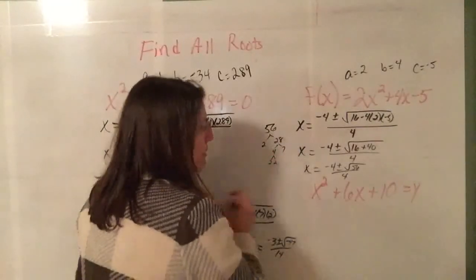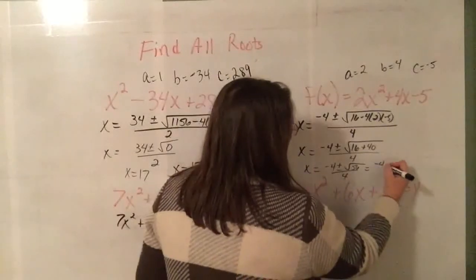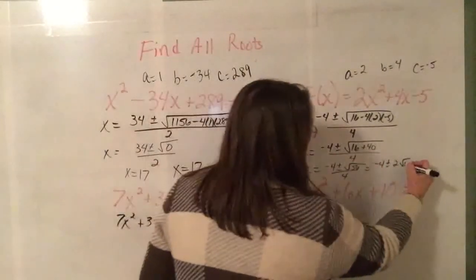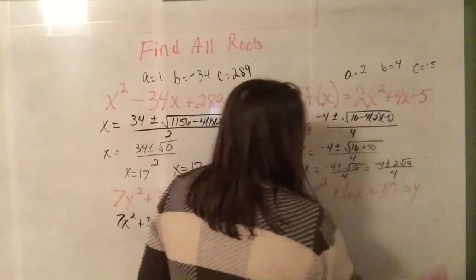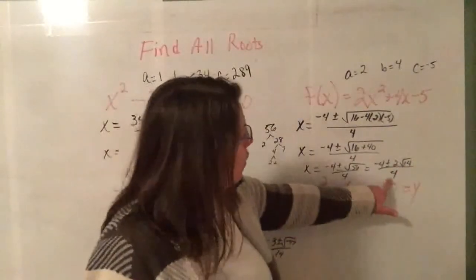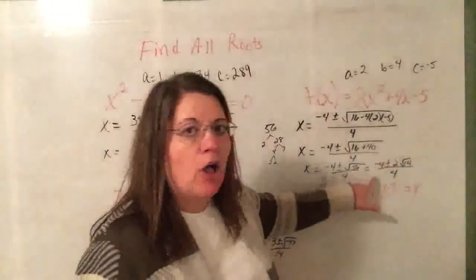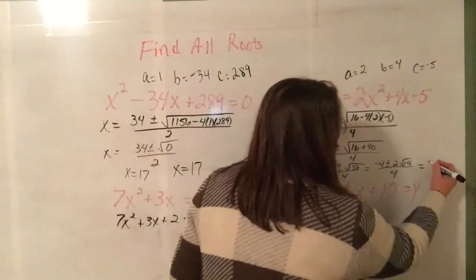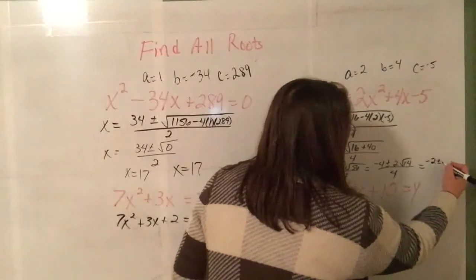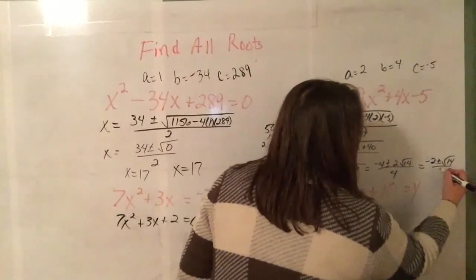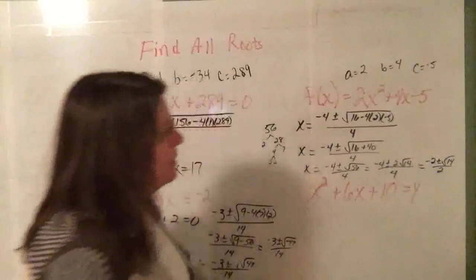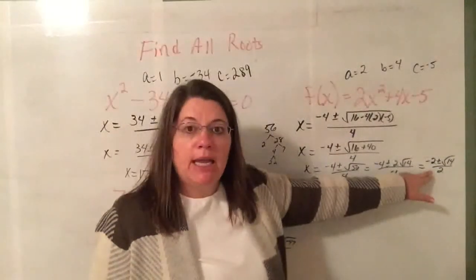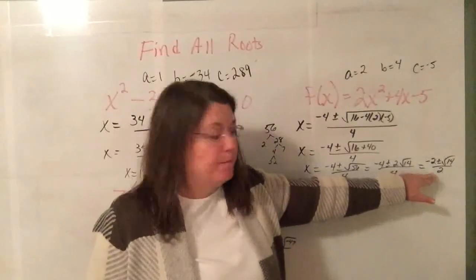So we can bring a 2 out of that. So we've got negative 4 plus or minus 2, square root of 14 is left inside, all over 4. And then notice that the 4 and the negative 4 and the 2 are all divisible by 2. So we can divide those all by 2 to end up with negative 2 plus or minus the square root of 14 all over 2. And that would be the simplest form. Again, we have 2 real irrational roots there.